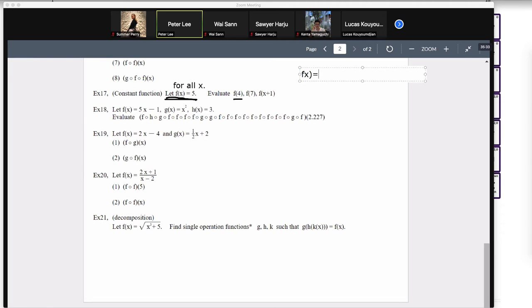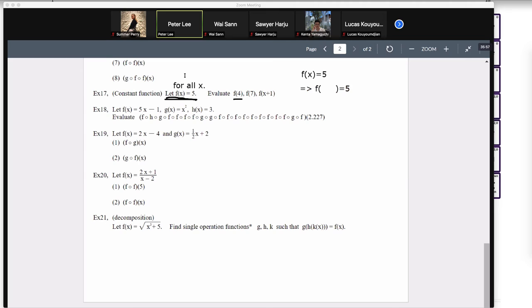What does this exactly mean? Okay, so let me write this. When I say f of x equals 5, what does it mean? It really means f of whatever is equal to 5. We have to replace x by whatever, but there is no x on the other side. So can you plug in anything here?